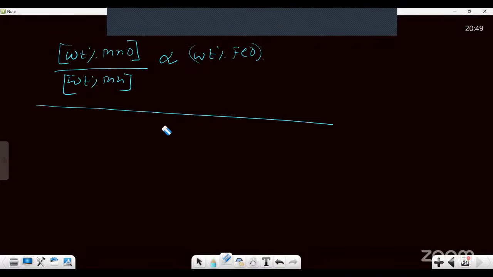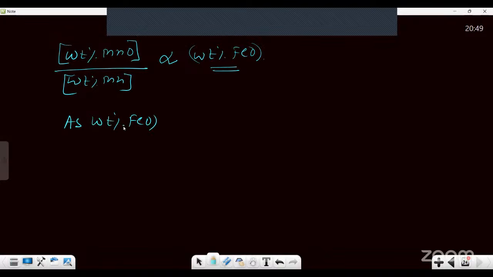So, okay, that part we will see a bit later because we'll just mix it up here. So here we will focus first on this part. As the weight percentage of FeO in the slag is increasing, more and more oxygen we are blowing.